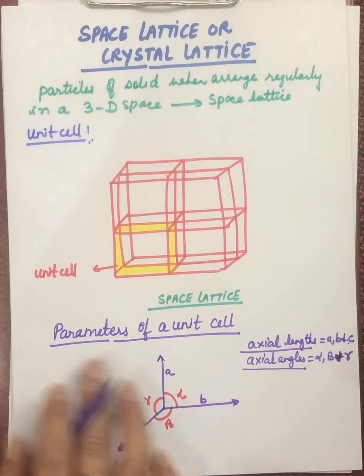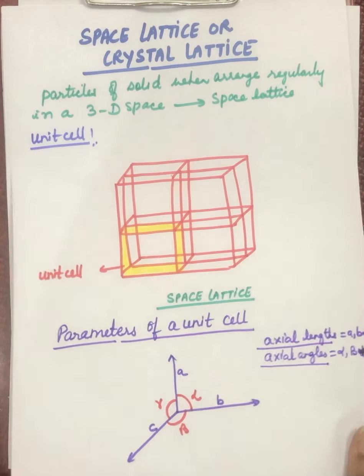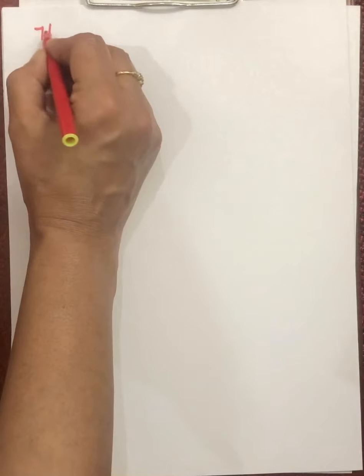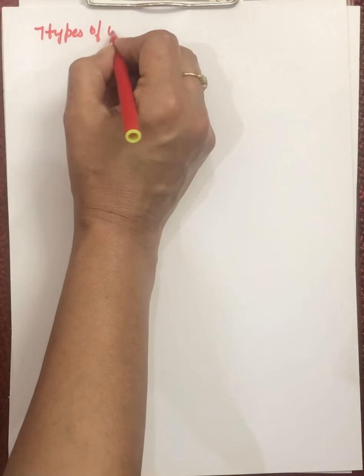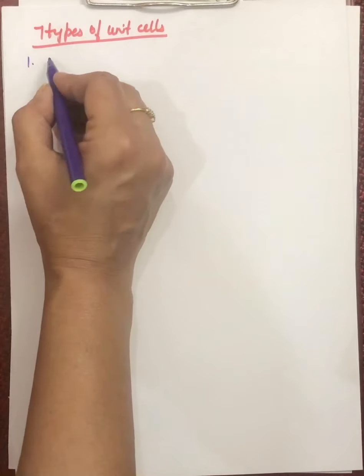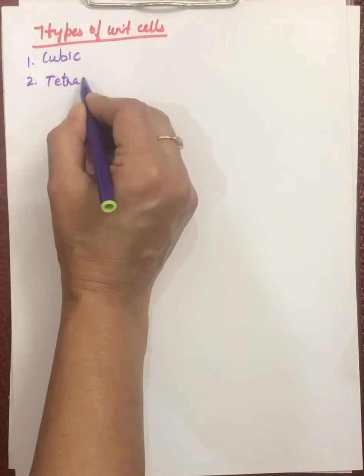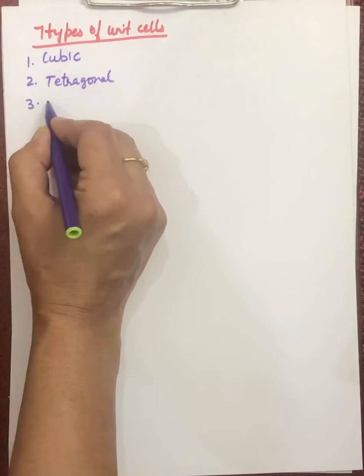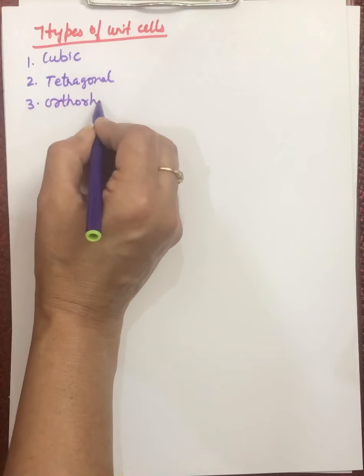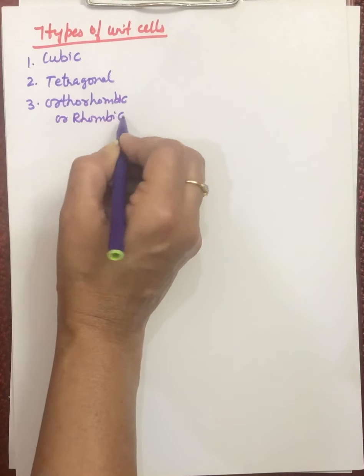To see a unit cell, we'll take these parameters, and based on these parameters, we have 7 types of unit cells. How many types of unit cells are there? There are 7 types of unit cells based on the parameters of the unit cell. The 7 types of unit cells are cubic, tetragonal, third is orthorhombic, or simply known as rhombic also.